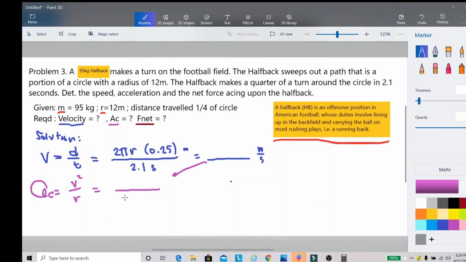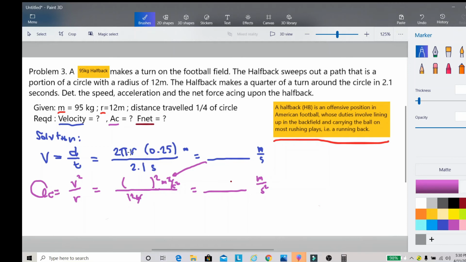What is r? r is 12 meters. So this one will have a unit of meters squared per second squared, and that is divided by another meter. 1 meter will cancel out, therefore we will be having meter per second squared. Okay, that's the value of our a.